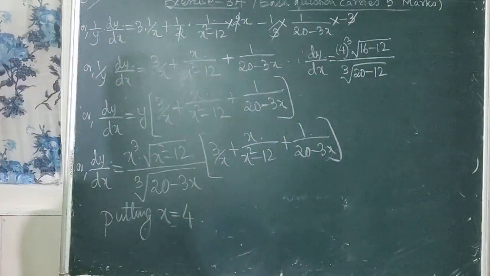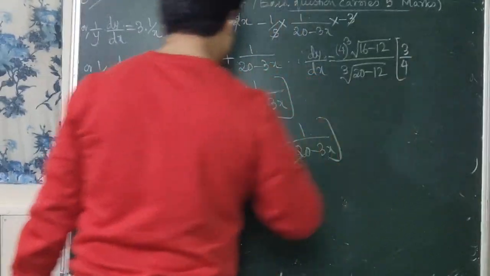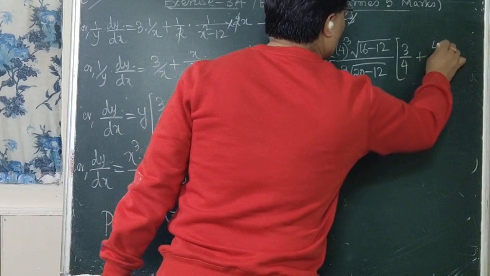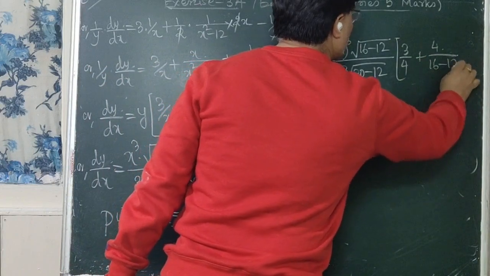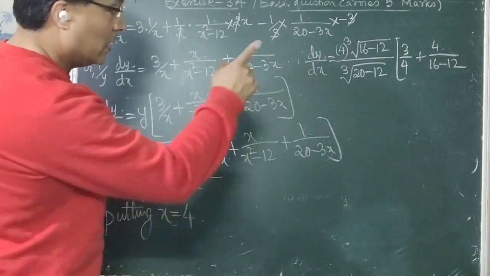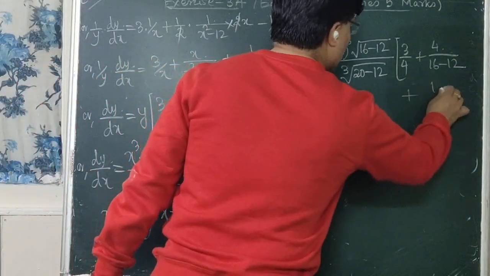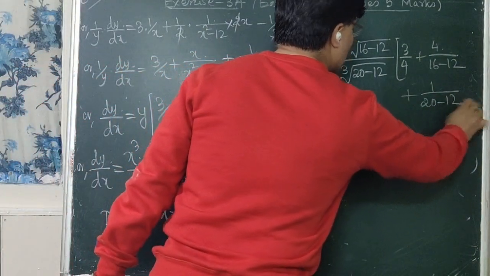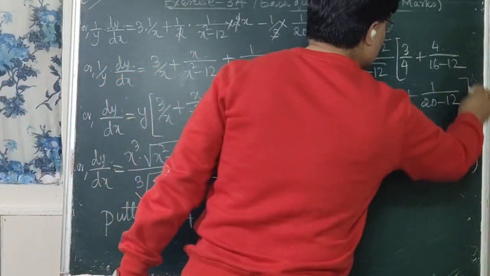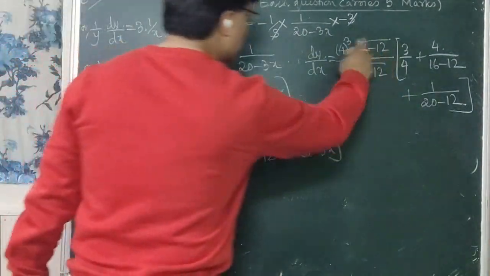So within third bracket, what do we get? 3 by 4 plus 4 upon 4 square is 16 minus 12. Since there is no space there, let us write it in the next step. Plus 1 upon 20 minus 3 fours are 12. So here third bracket is closed. Understood now?